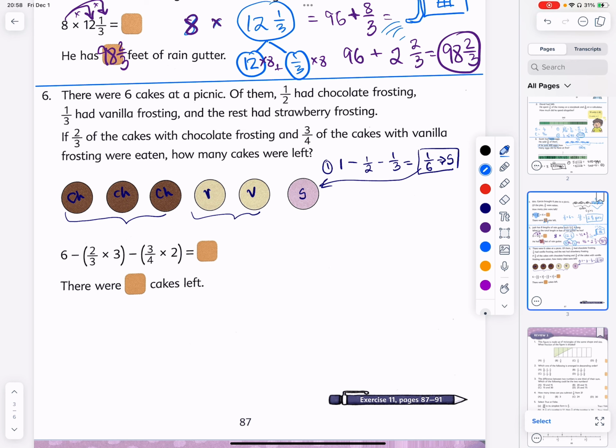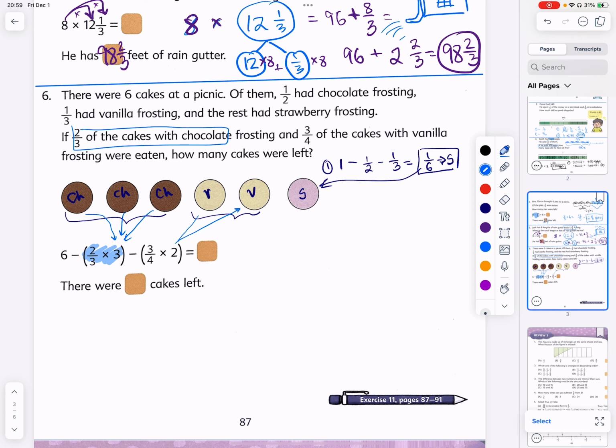Here, they put a single expression with multiple operations in parentheses. Let's tackle it. So 2/3 of 3, so this is your cake 1, cake 2, cake 3. 2/3 of chocolate cakes were eaten. So this is how you find 2/3 of chocolate cakes. And these are my 2 vanilla cakes, right?